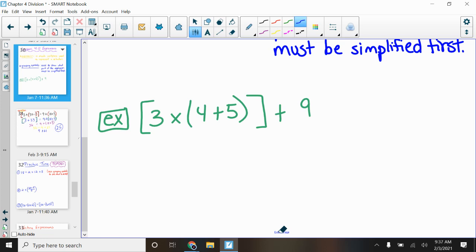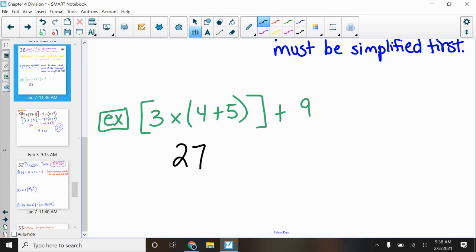You might be able to do that stuff inside the box in your head. What am I going to pull out of my box when I do my 4 + 5 and then times that by my 3? Everybody? 27. I'm pulling a 27 out of that box.